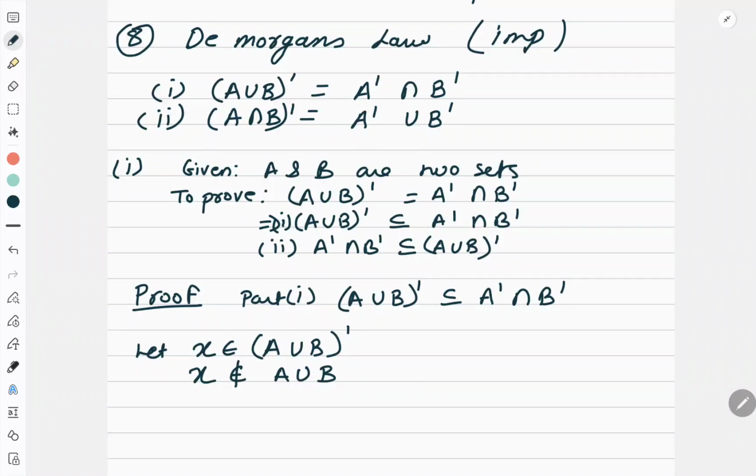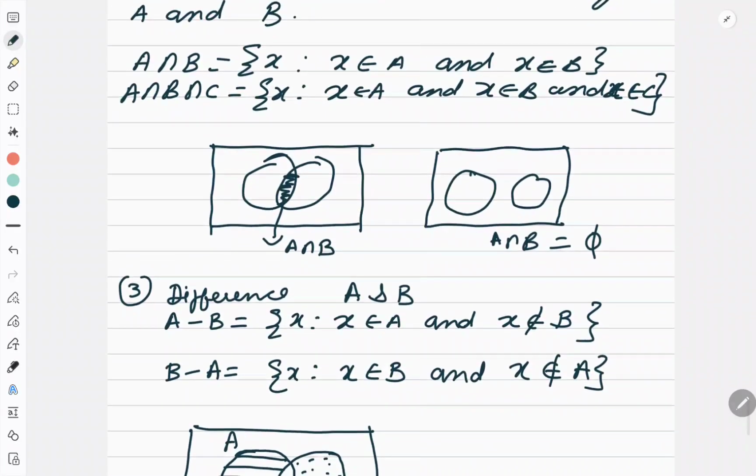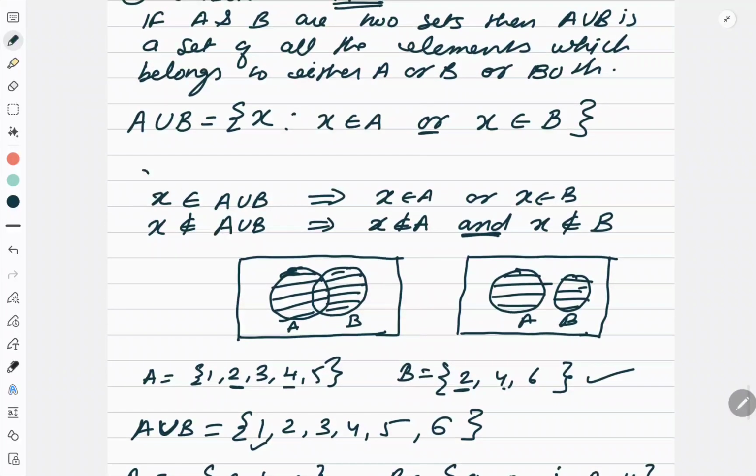And now if you go back to the definition of union, what I told you, if X belongs to A union B, what is the meaning? And if X does not belong to A union B, what is the meaning? Right? You can scroll up and see the definition so that it will be registered in your mind that when I am talking about union, X belongs to A union B means X belongs to A or X belongs to B or to both.